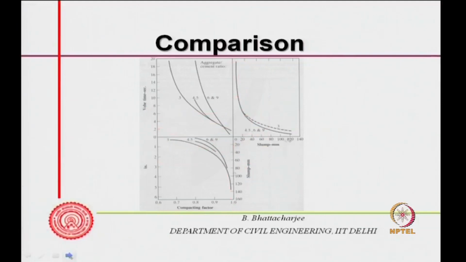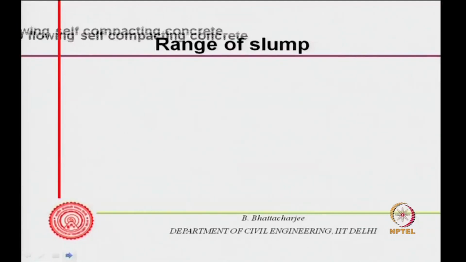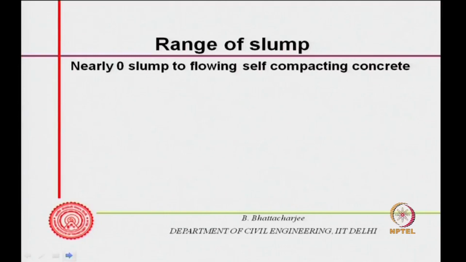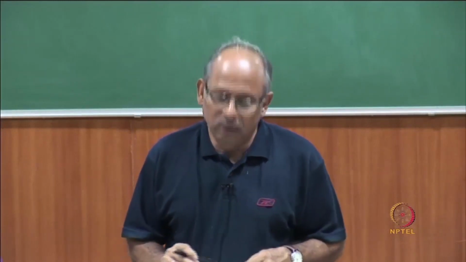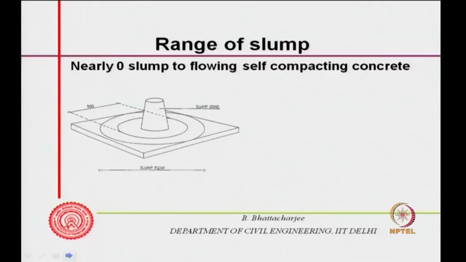If you see the slump, you can have concrete today from nearly 0 slump concrete to flowing concrete, which is self compacting concrete, right. So, there we talk in terms of slump flow.